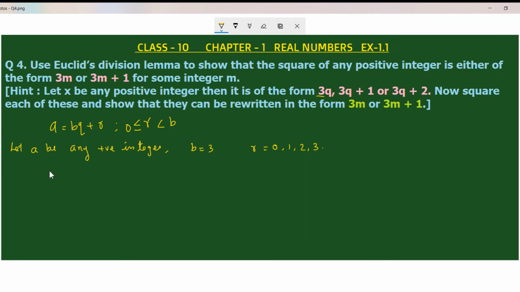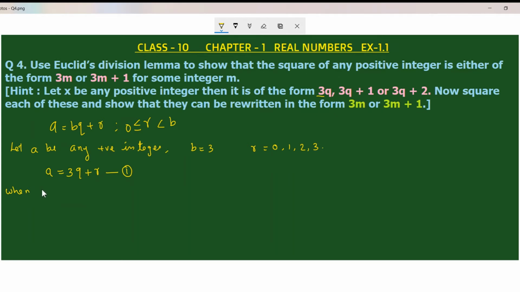So we have to write a equals 3q plus r. We have written this in the form of Euclid's division lemma, where r equals 0, 1, 2. This is our equation. Now, as usual, we are going to substitute r values one by one in this equation.